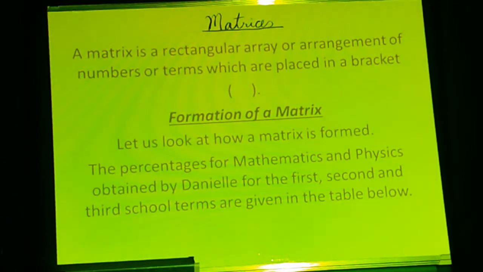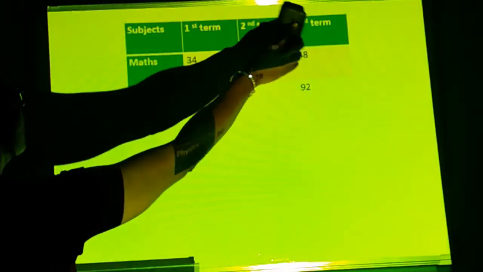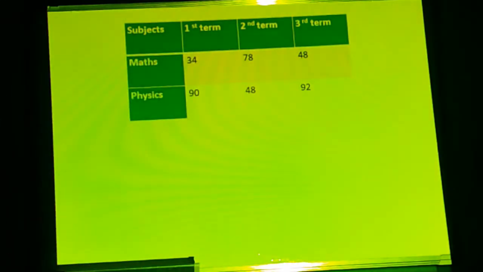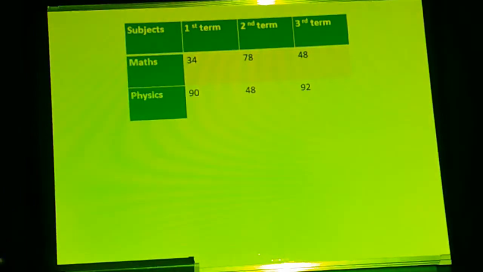Formation of a matrix. Let us look at how a matrix is formed, and I'm going to give you a practical example. Let us look at the grades for Daniel for the first, second, and third school terms. In the first term, for maths, Daniel got 34%.